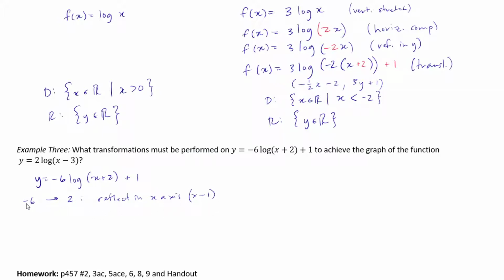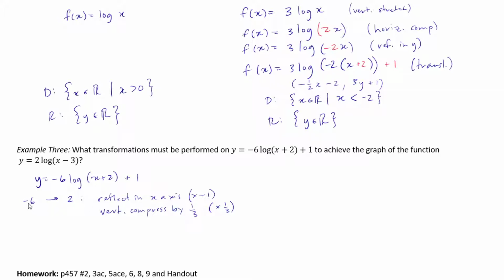And then I'm also going to have to divide this by 3. So that means I'm going to have to vertically compress by 1 over 3. So I'm going to multiply by 1 over 3. So let's think about that. Take the -6, multiply by -1, and then multiply by 1/3, that should give you 2.